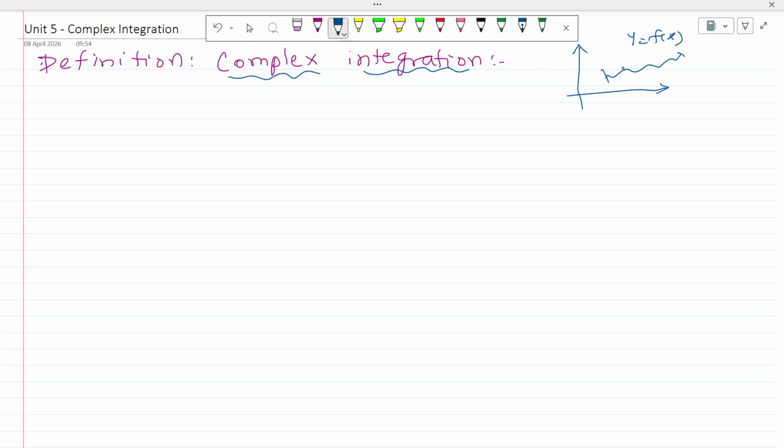In the line integral, we have subdivided into some parts, and then summation of all the integral can be written as integral over a to b, in case a lower bound, b upper bound is there. Integral over a to b f of x dx is the simple integral, and it is denoted by I.